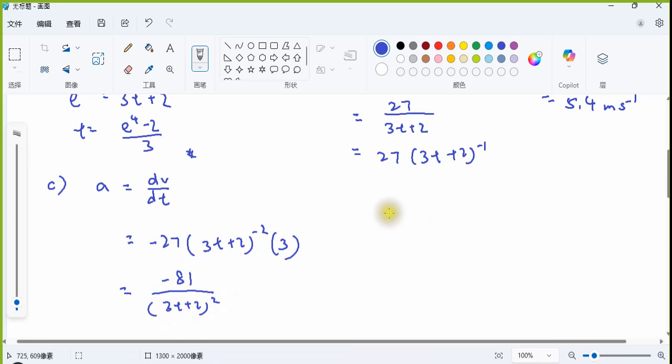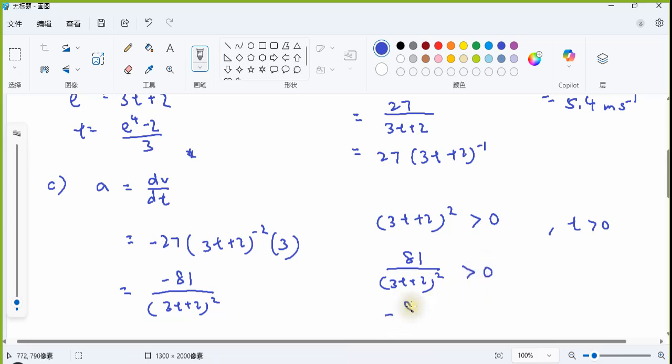We know that (3t plus 2) squared will always be greater than 0 for t greater than 0. When t is 0, then 2 squared, it is positive. So this one will always be greater than 0. So 81 over (3t plus 2) squared will always be greater than 0 also.